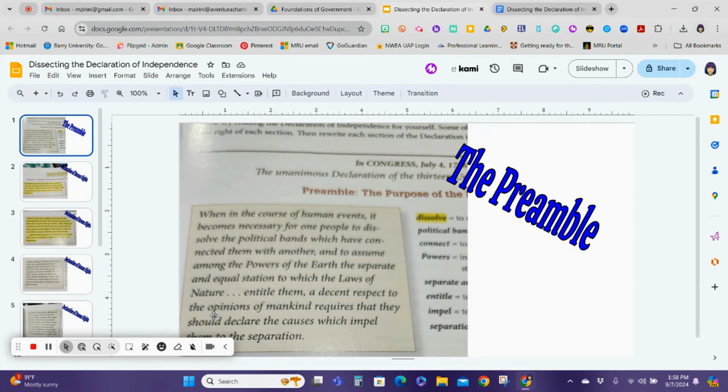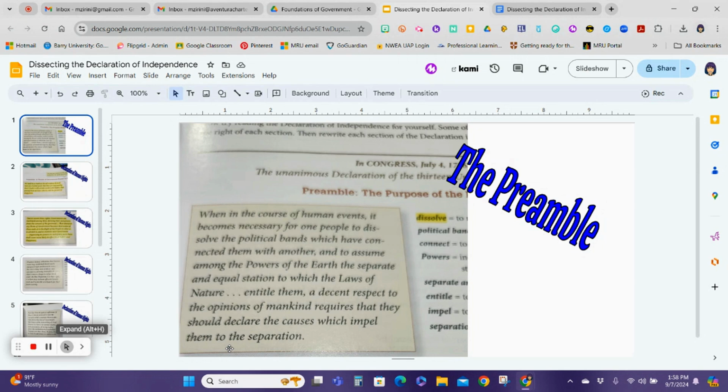So when we take a look at the Declaration of Independence, the beginning or the introduction is known as the preamble, right? Just like the Constitution has a preamble, and we'll look at that a little bit later. The preamble of the Declaration of Independence is the introduction that the Founding Fathers wrote before they sent this document to King George and pretty much the rest of the world to declare their official break from Britain.